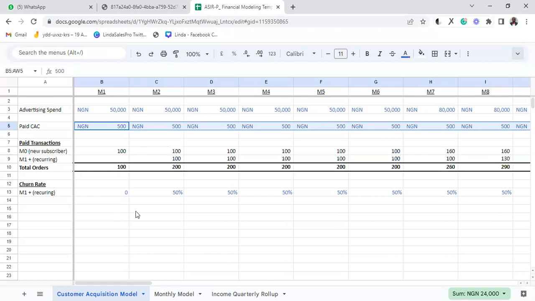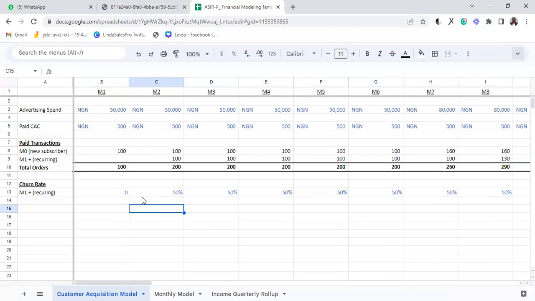But remember, this is an assumption. It might not cost you 500 to acquire one customer in month 7. Maybe you have discovered strategy, or you now have more people that are marketing for you. It has increased. So you now need to design a model that is real to your business. Okay. So I only assume that we are going to continue to spend 500, which is not really realistic.